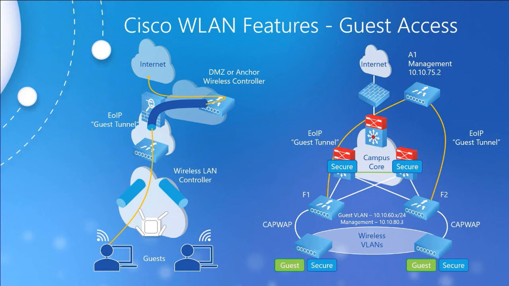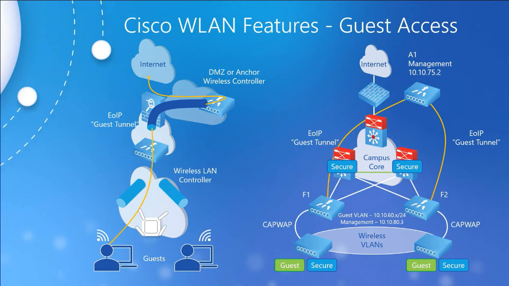Now, even though it's considered the guest anchor controller, guests have the ability to connect to any controller, but all of their traffic will get directed back to the guest anchor controller. So it essentially creates, I hate to use the term tunnel, but that's essentially what it does for us.